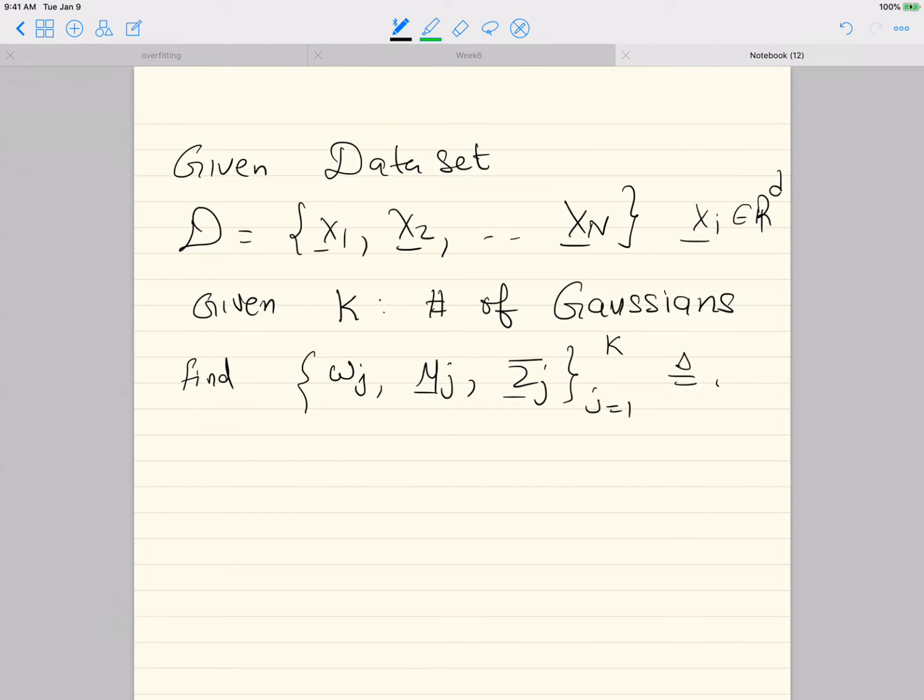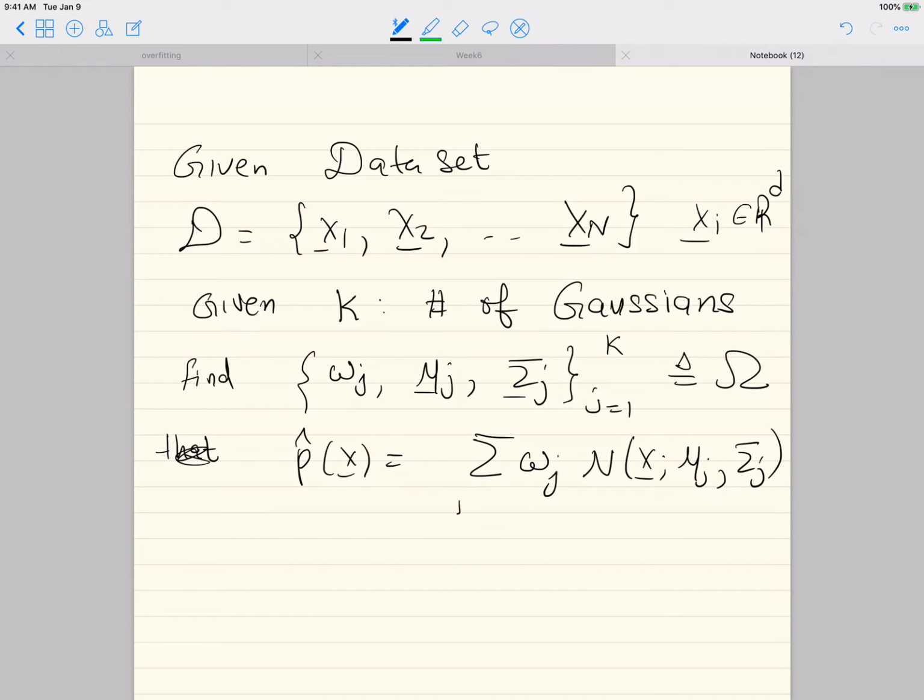So these are our model parameters, right? And we want to find this such that p hat of x, which is the summation of Wj times the Gaussian with mu j, sigma j, this weighted sum of the Gaussians, best fits the data set D, the n points that we have.